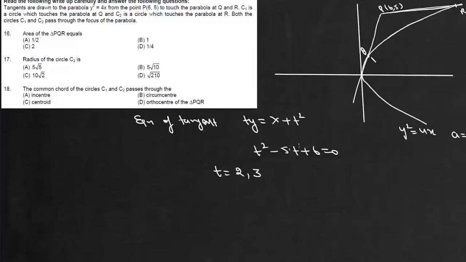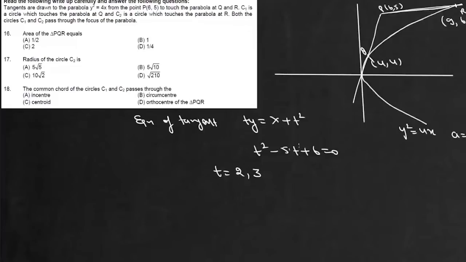So the coordinates of this point Q will be (at square, 2at), which is (4, 4), and for this point R it will be (at square, 2at) with t equal to 3, which is (9, 6). So the 2 points are (4, 4) and (9, 6).